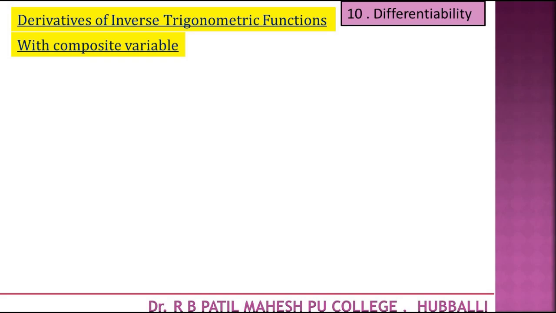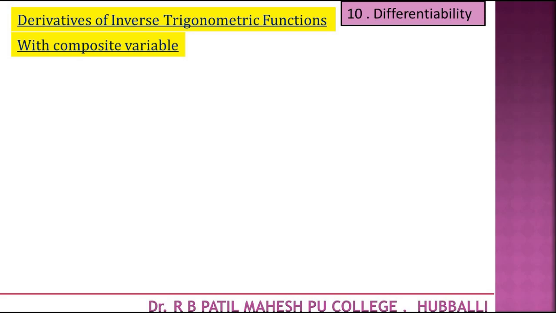You know the meaning of a composite variable or composite function. In the standard function, the x variable is replaced by any function, then the function is called a composite function, and that variable is called the function composite variable. The function acts as a variable.